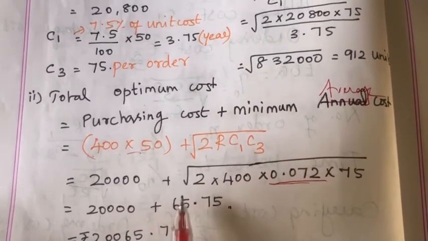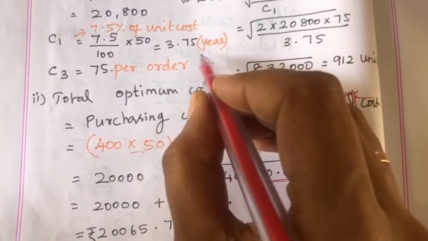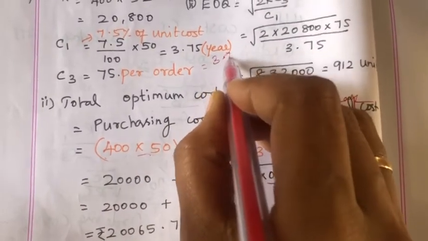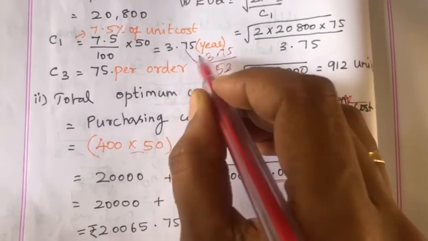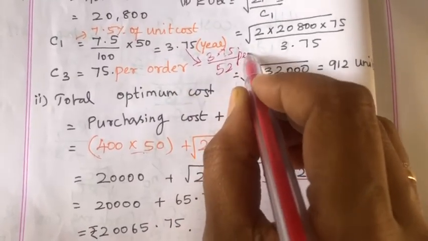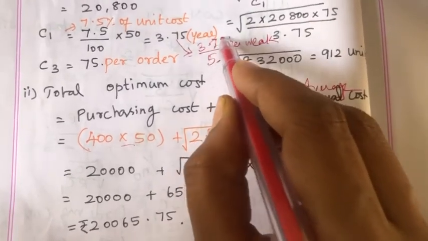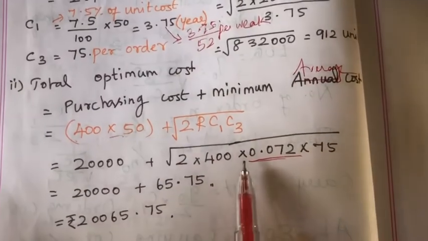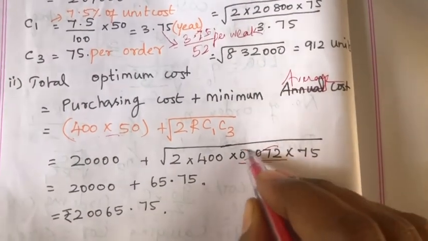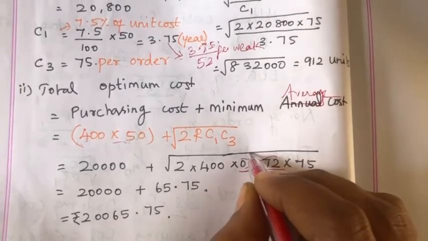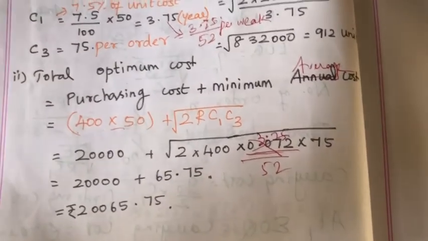Here we are calculating it for a week, so we need to divide 3.75 divided by 52. It is per week. While dividing 3.75 by 52, you will get 0.072.